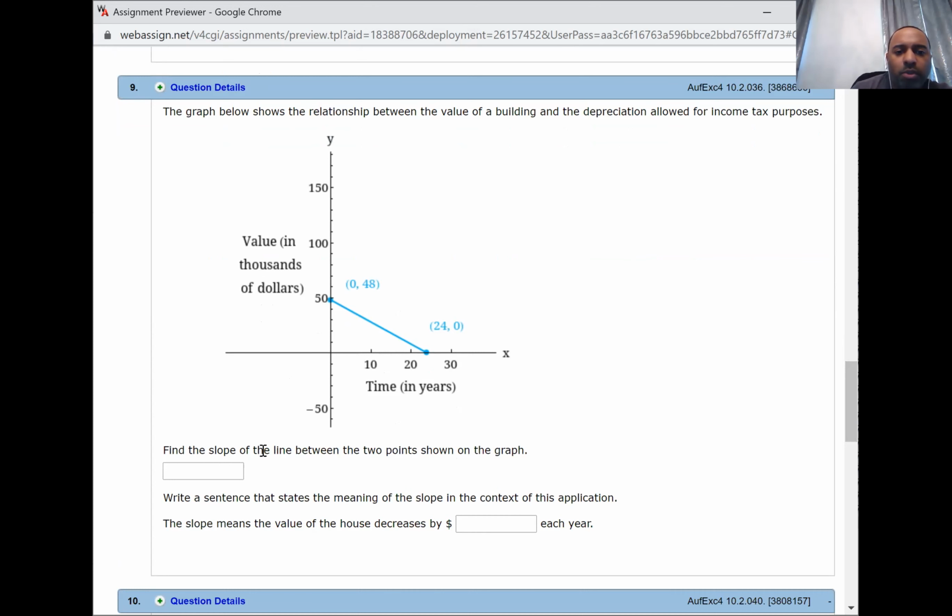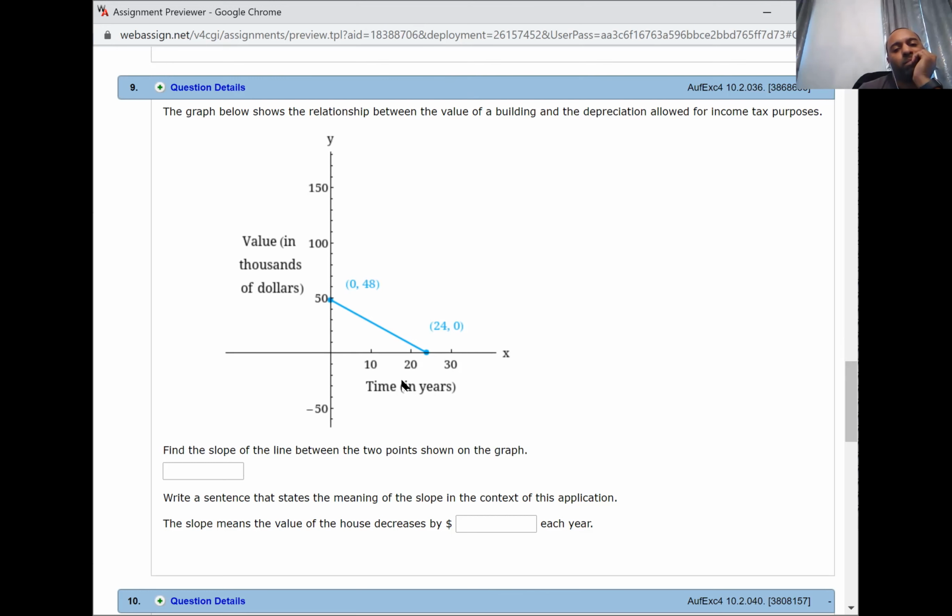Okay. So write a sentence that states your slope. So Ms. Regine, what was your question on this one? Okay, so I got the slope. It says find the slope of the line between 2 points shown on the graph.